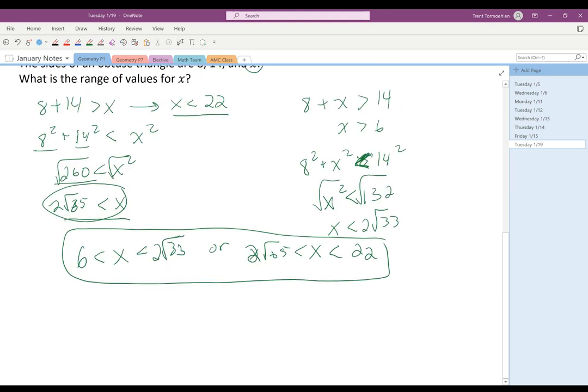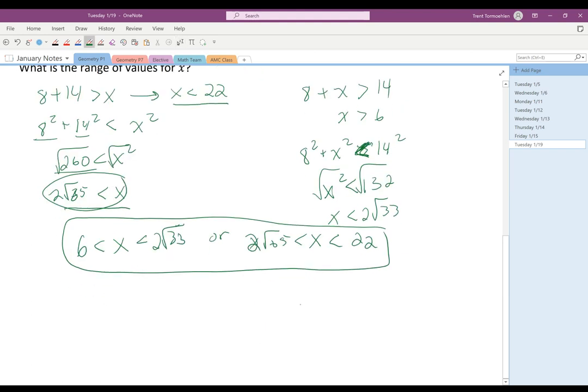Now, I like to think about this on a continuum. It always works this way. The continuum says that the outsides are just the sum and the difference of the two sides that you're given. So 14 minus 8 was 6, and so that's here. 14 plus 8 was 22, so that's there. And then we put these two values in the middle where you get a Pythagorean theorem.